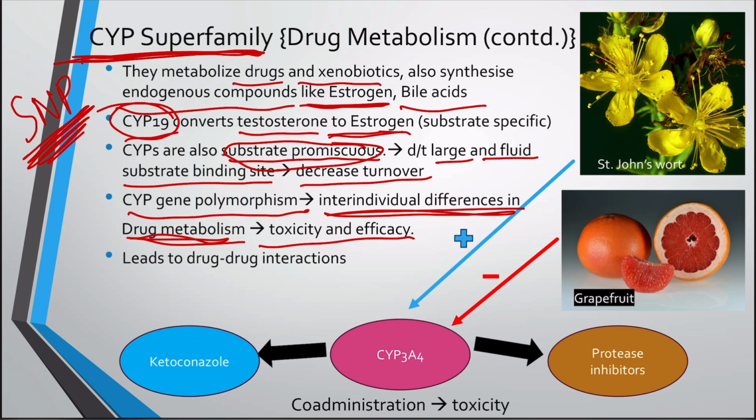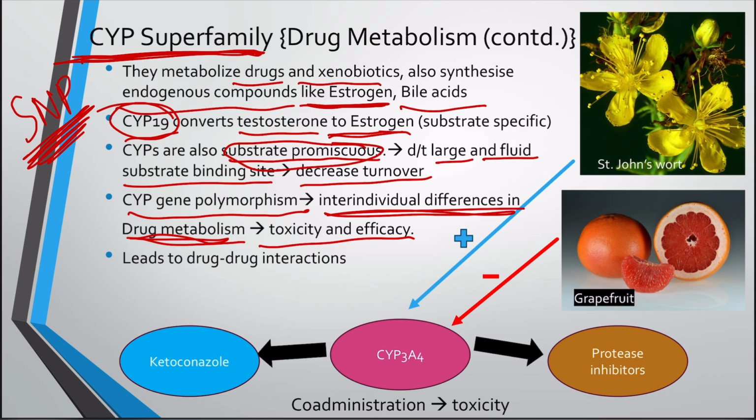So we will not be expecting that this drug will produce such an effect at such a low dose, or such a toxic effect at such a low dose. But because of variations in the gene which codes for these cytochrome enzymes, there is variation in drug response between individuals.